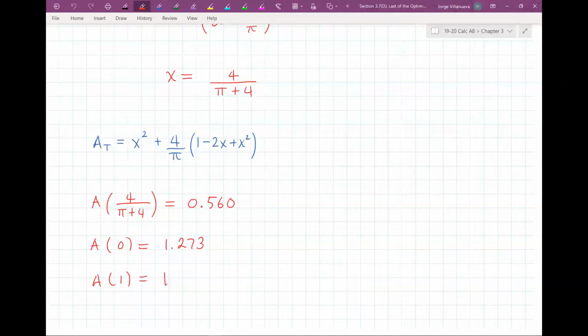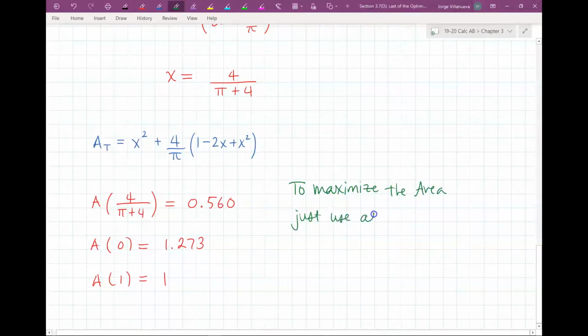All in the circle. So to maximize area, just make a circle. Don't bother with the square. Okay, just make a circle. So we'll put that right here. To maximize the area, just use all the wire towards the circle.